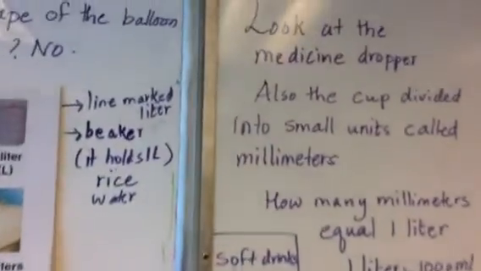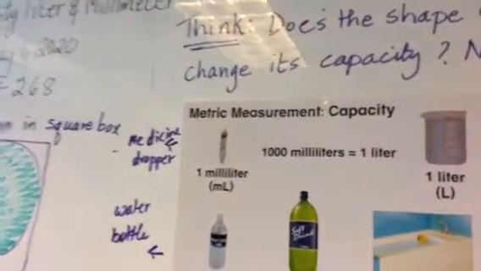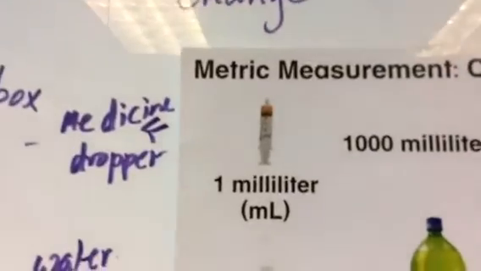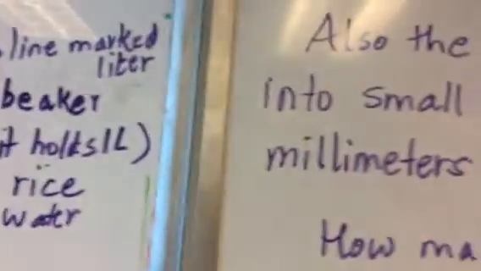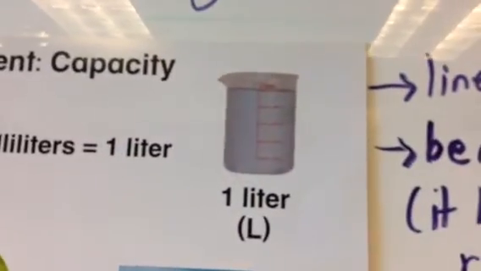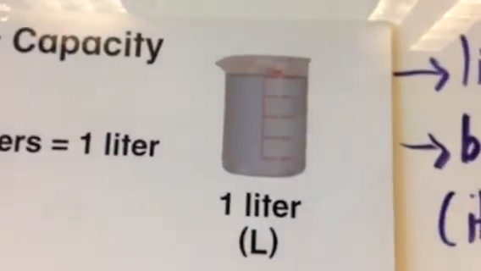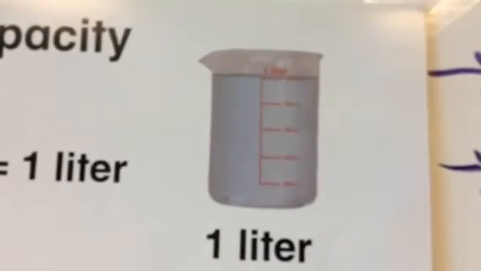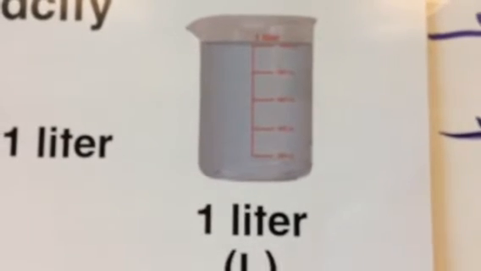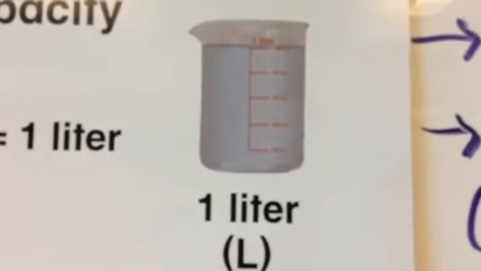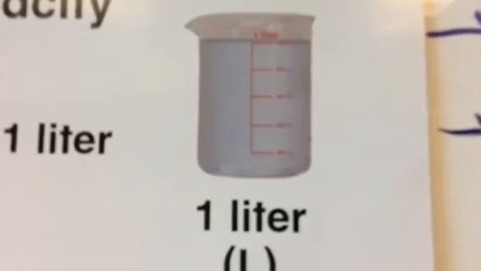Now look at the medicine dropper. So I want you to look at the medicine dropper here. That's the medicine dropper, milliliters. Also look at the cup, the beaker. They are divided into smaller units. You see they have 1 liter mark on the top, but then they have 100 milliliter, and then it has, let's go, I can't see, it becomes blurred.